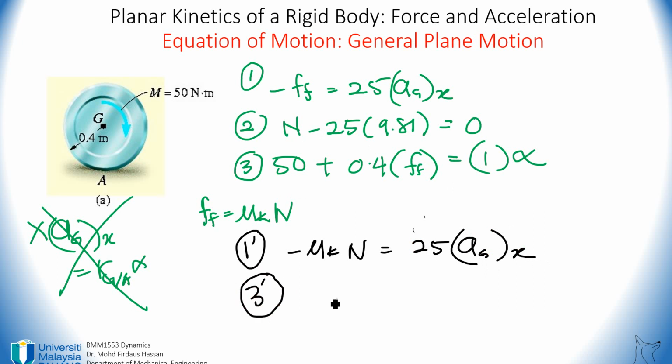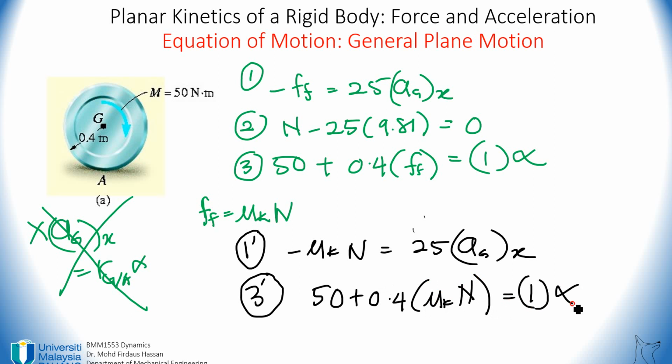I put 3 prime: 50 plus 0.4 and replace Ff by mu k N, is 1 times alpha.